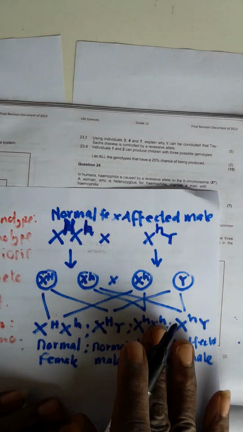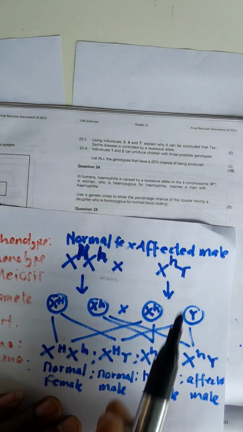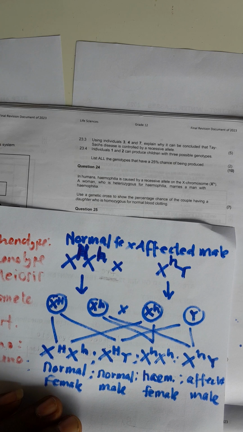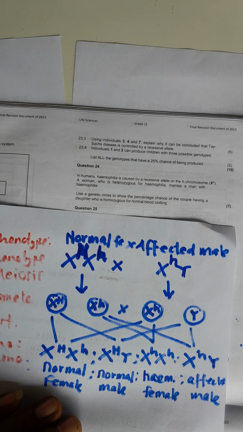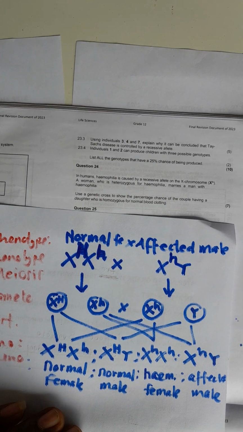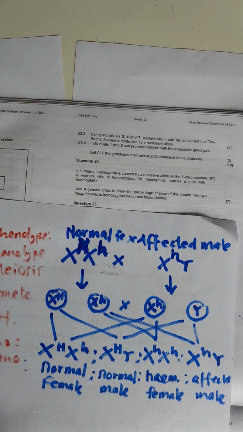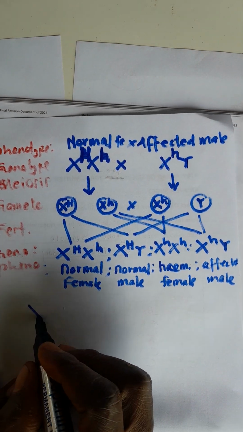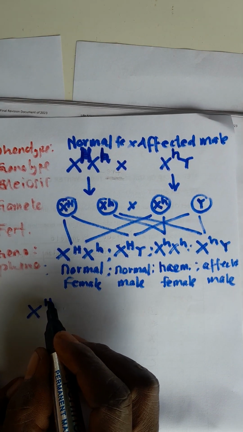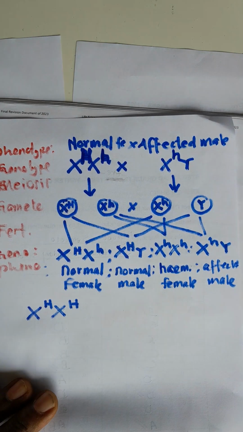So now the question says, use a genetic cross to show the percentage chance of the couple having a daughter. You underline daughter, who is homozygous for normal blood clotting. Homozygous for normal blood clotting. Now, you know, if a daughter is to be homozygous, it means the daughter needs to be like this, because the word homo means same.